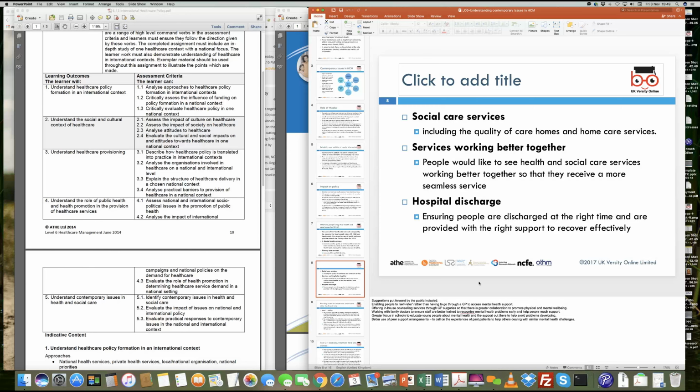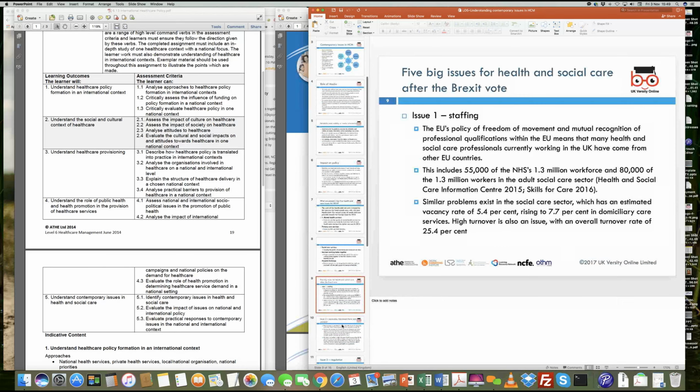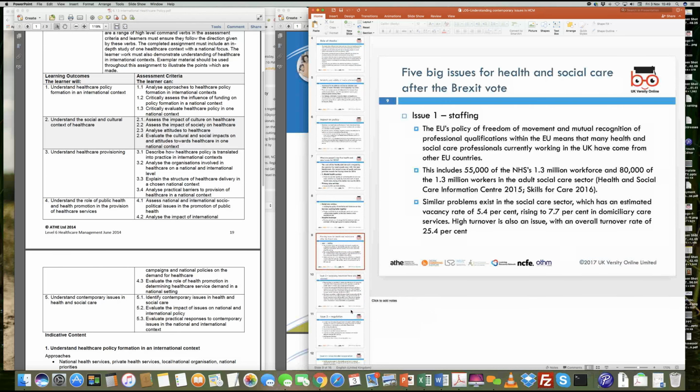So hospital discharge is being done in some cases quite quickly, wherein the patient's care is suffering, and there is no post-care being provided in certain cases when the patient has undergone some sort of clinical procedure or an operation. So these are some of the big issues which we've identified from a point of view of looking at issues which the healthcare system in general faces within the UK.